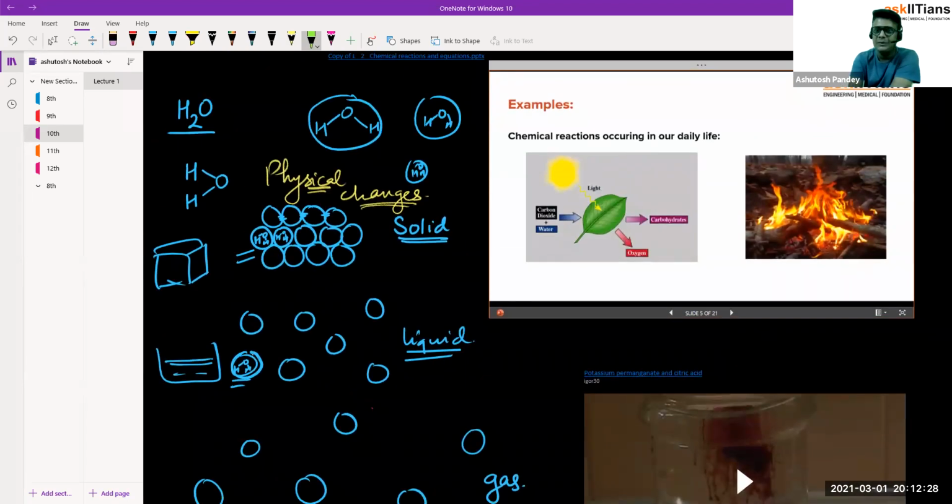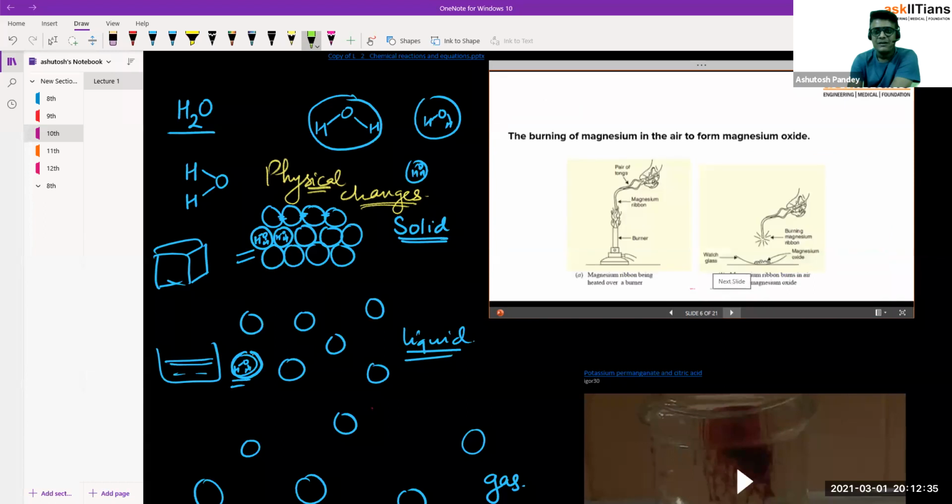Burning of wood is also a form of chemical reaction. Now let's see burning of magnesium in air to form magnesium oxide. We'll have a magnesium ribbon. Magnesium is a metal, and the ribbon is a flexible strip.